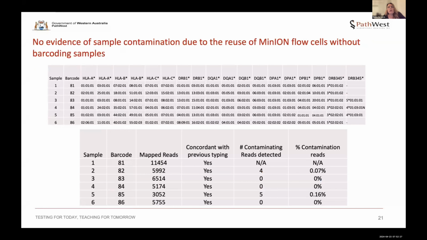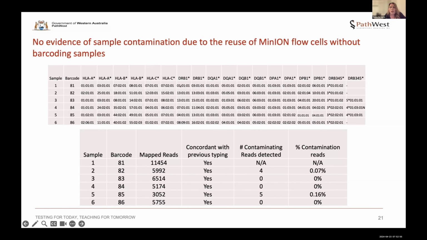But we wanted to make sure that that was the only contamination that we were seeing. We do reuse our flow cells, and we do reuse our flow cells for our deceased donor typing. So we wanted to make sure that we weren't seeing any sample contamination between those uses. So what we did is we took 6 donors and we barcoded them with different barcodes.